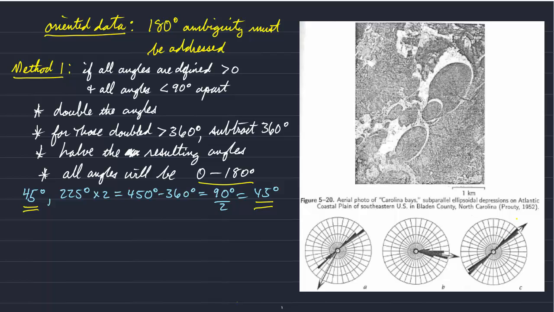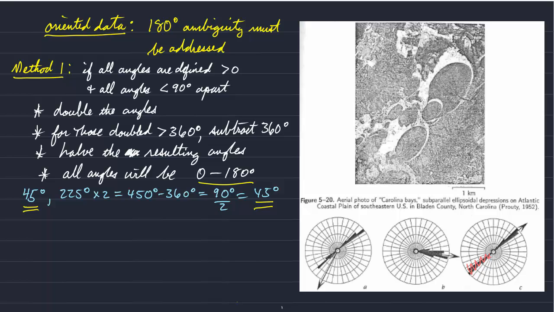You can actually ignore this quadrant right here, because he's basically reflecting that in the other direction. I'm not sure why, but these are all the data right here. And when he computes the mean, computes the resultant, he gets this arrow here, and that's a good representation of the mean orientation of these oriented data.